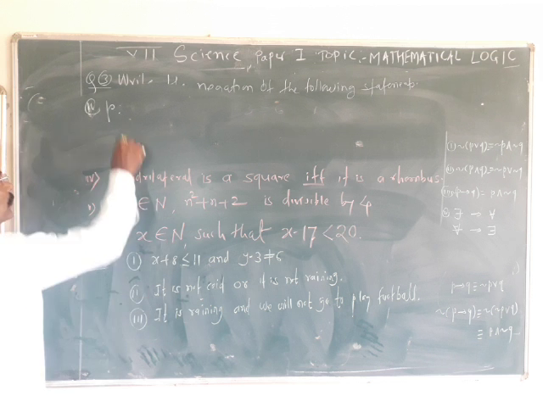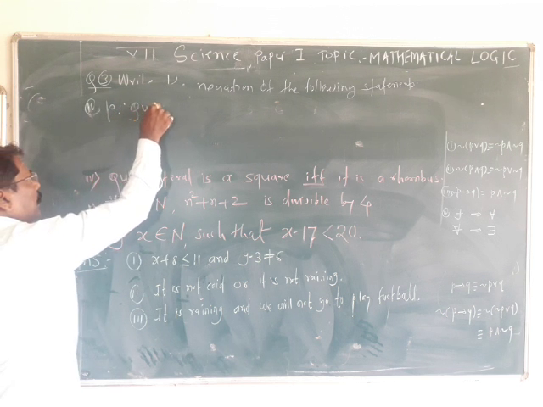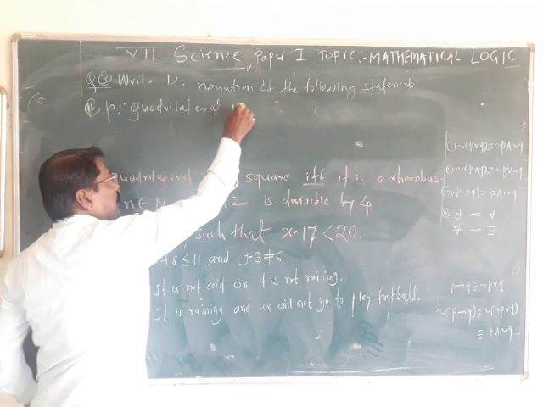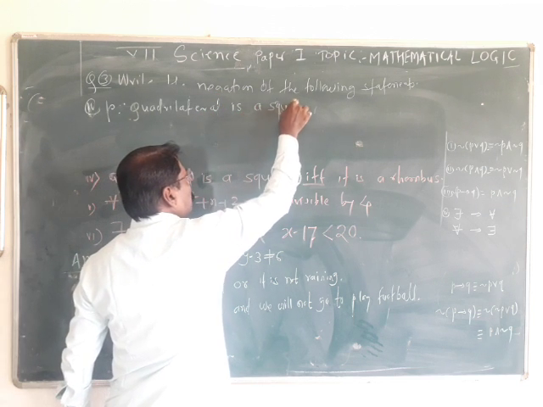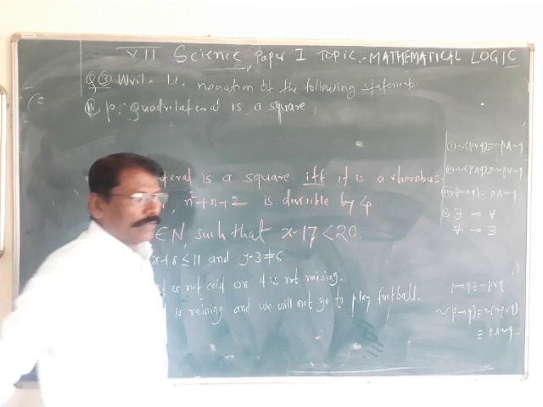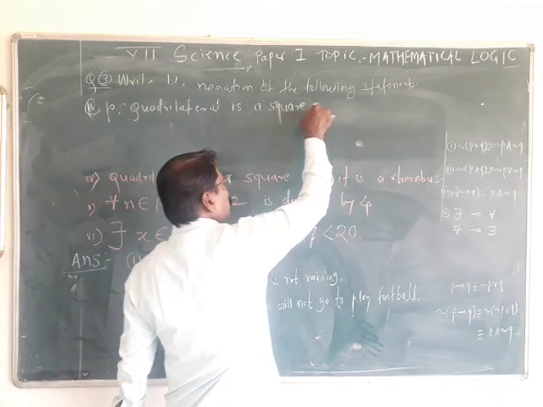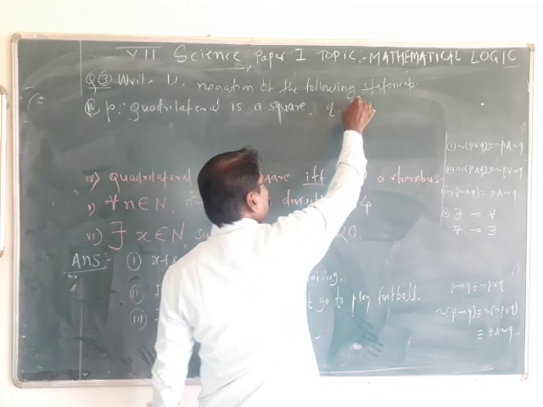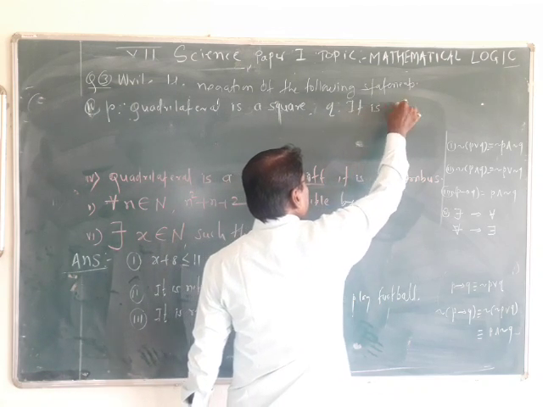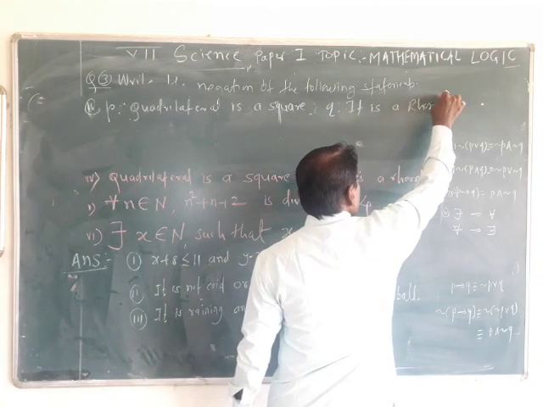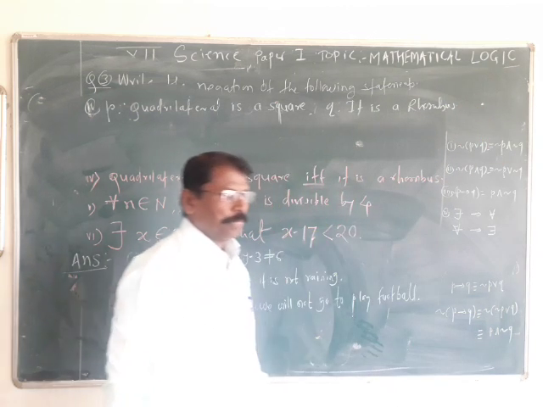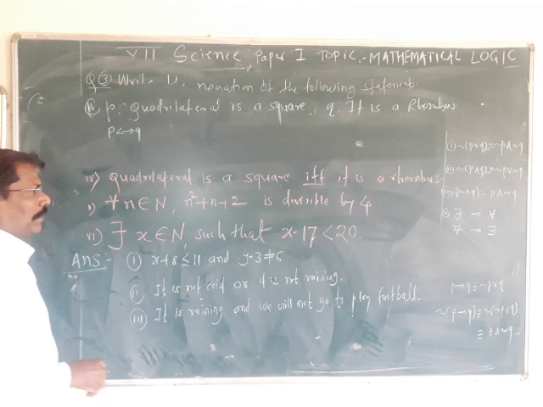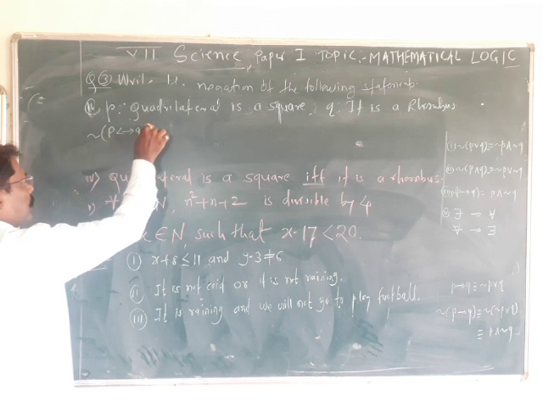P: quadrilateral is a square. And Q: it is a rhombus. So the given statement is P implies Q and its converse.